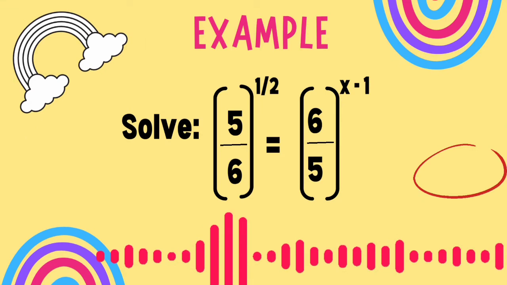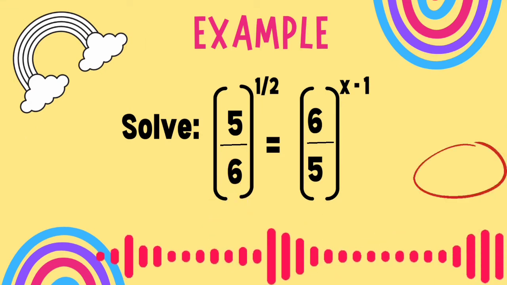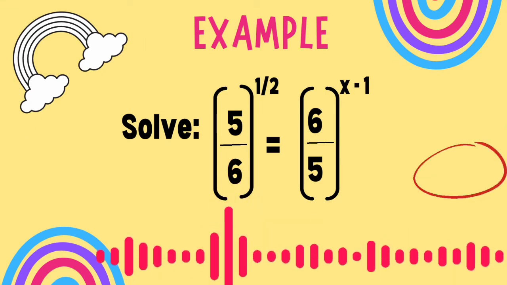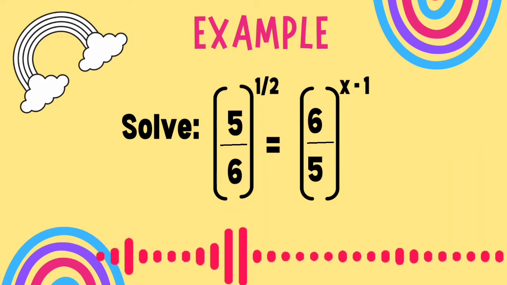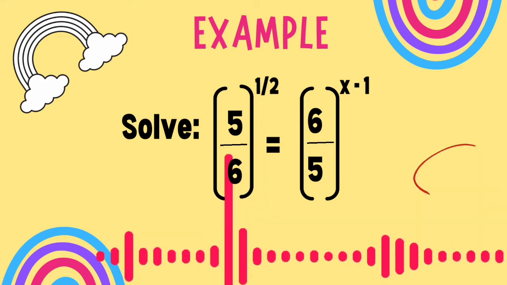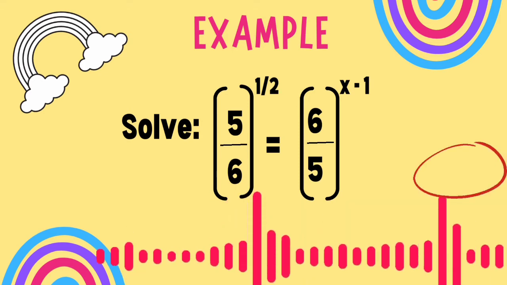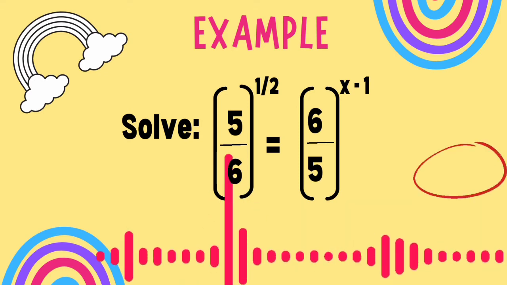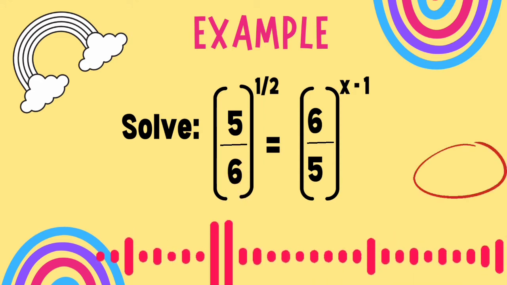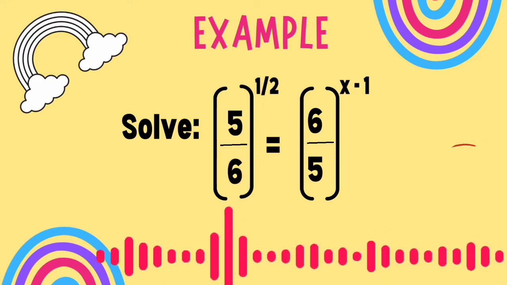So let's take another example. This time around, it involves fractional bases. And so solve the equation 5 over 6 raised to power half equal to 6 over 5 raised to power x minus 1. So to simplify an expression like this, of course, you have to make the bases to be the same.